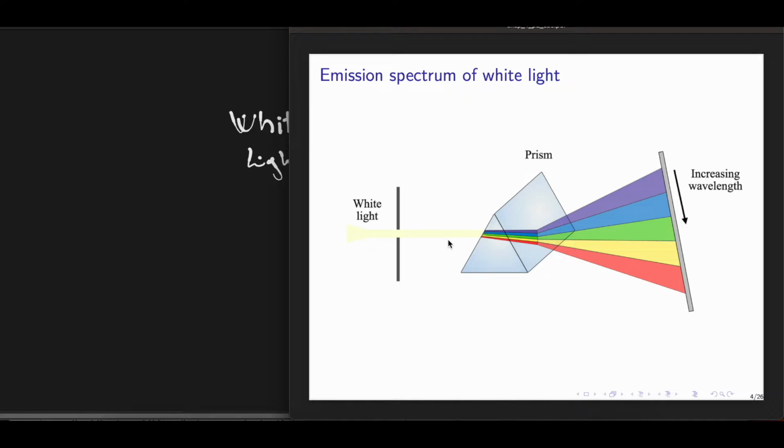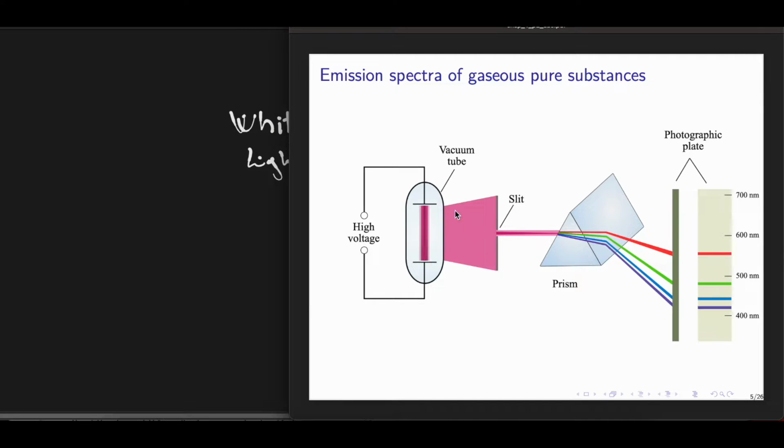However, if we replace this light by, for example, a light that comes from a simple pure substance of hydrogen, like we have here, a vacuum tube which contains hydrogen gas, a pure substance. If this hydrogen gas is energized, red light will be emitted from this vacuum tube.